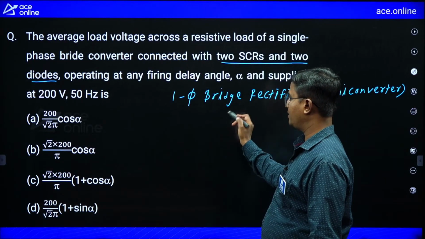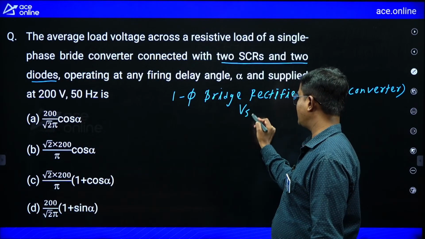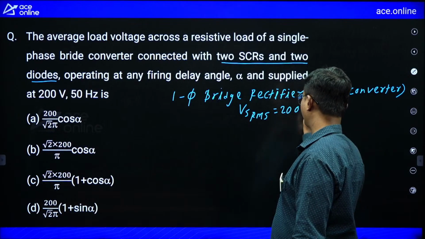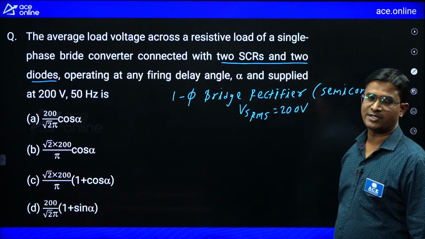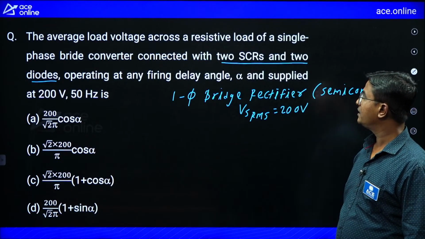Alpha is the firing angle and it is supplied at 200 volt. So my supply voltage RMS value is 200. What is the V0 average for a semi-converter which is feeding a resistive load?